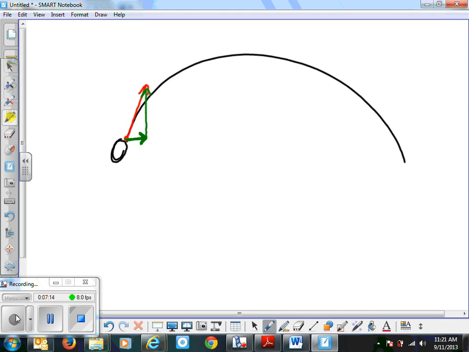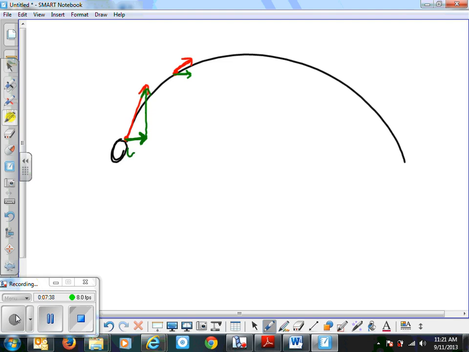Now, we know that balls don't tend to just keep going. At this point, our velocity would look like that, okay? Notice the x here, because the size of the arrow is telling you what the magnitude is.